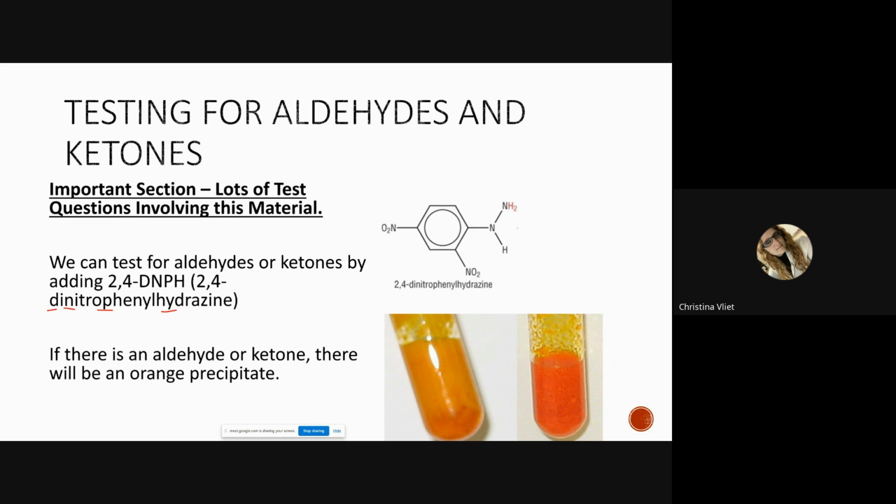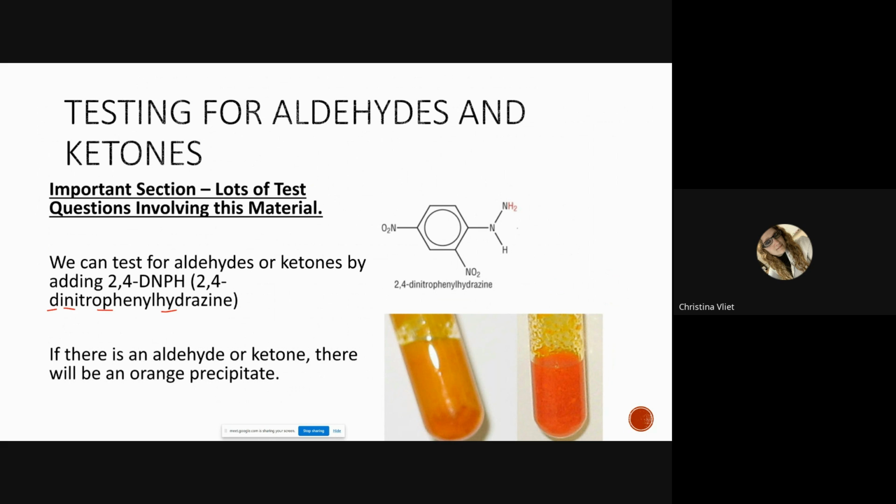And the idea is that if you have a sample of an unknown, and you add 2,4-DNPH to a test tube with it, it's going to give you an orange, it looks like orange juice with thick pulp. Like an orange juicy precipitate, thick, not see-through.